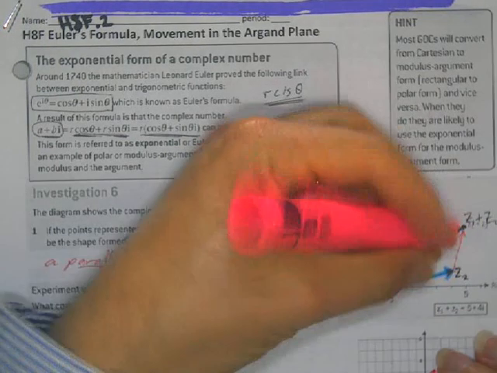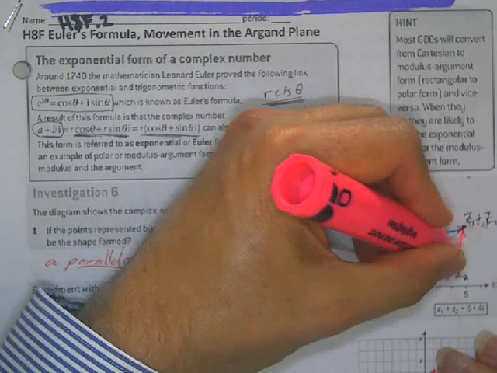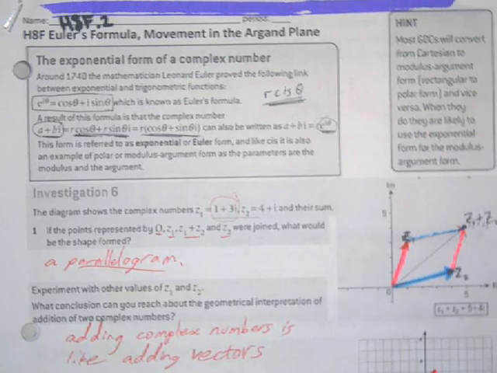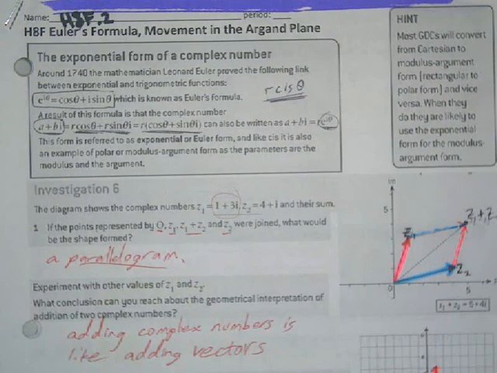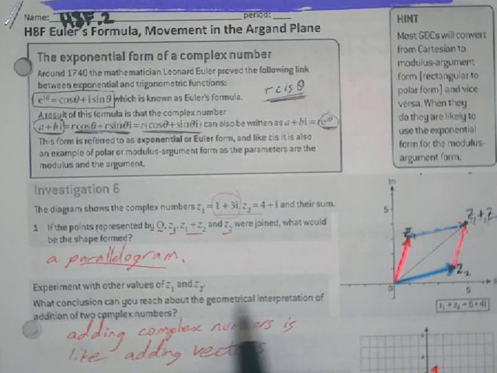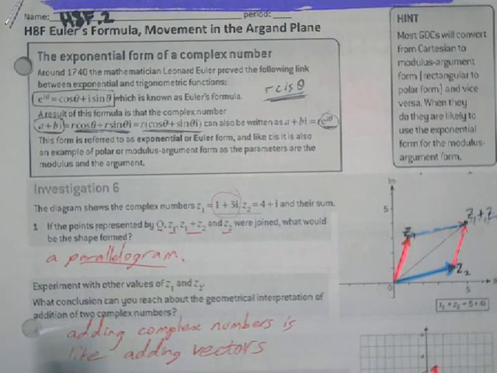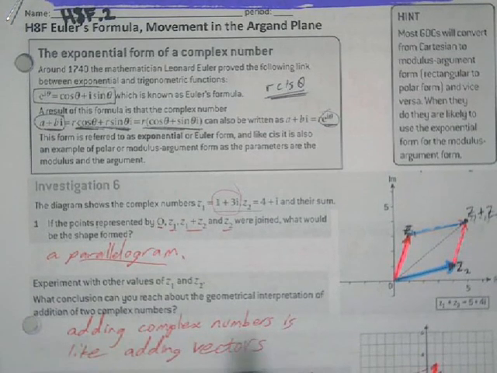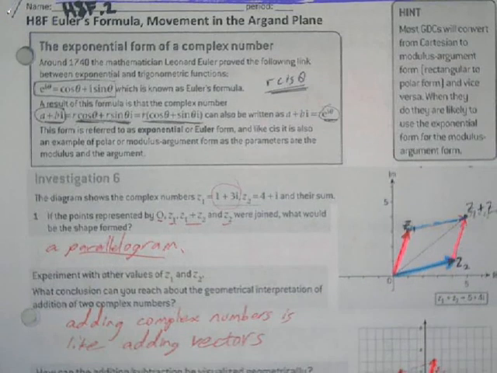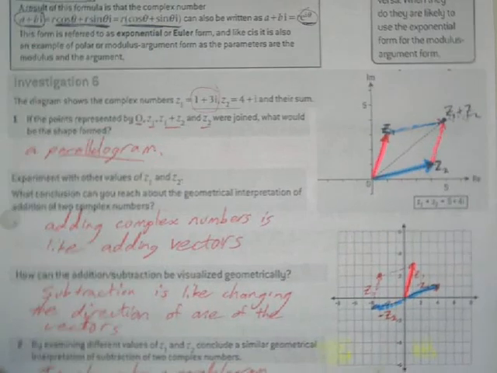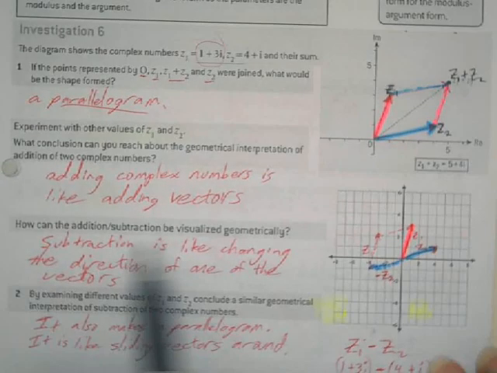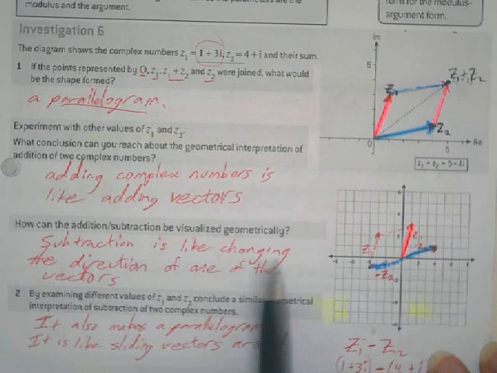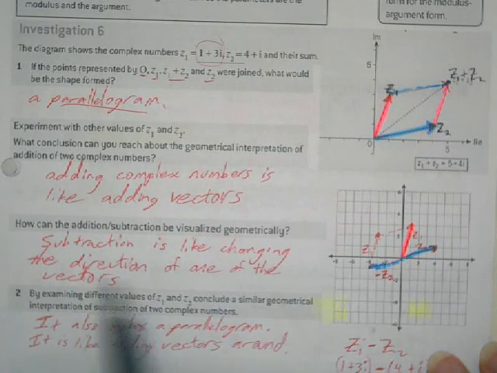This line here, this pink one here, has the same magnitude. If those are the same and those are the same, we have a parallelogram. Okay, so what conclusion can you reach with a geometrical interpretation of addition of complex numbers? So adding complex numbers is sort of like adding vectors. Okay, and then subtraction can work the same way. Subtracting is like changing the direction of the vector.